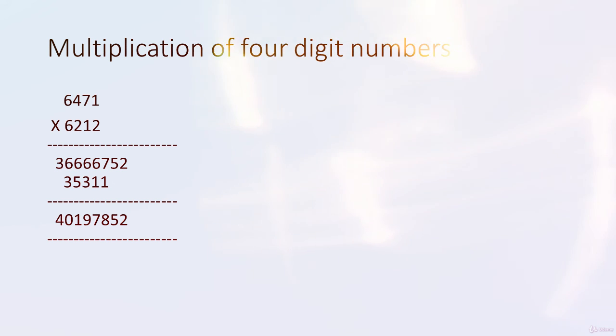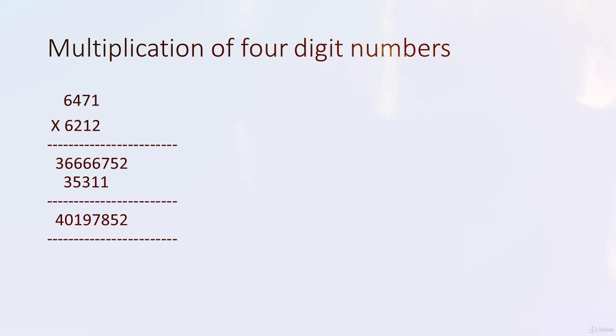Now we will calculate the next digit. The next digit will be again cross multiplication between first and third digits and vertical multiplication of the middle digit. 6 multiplied by 1, 6 multiplied by 7, and 4 multiplied by 2. The answer will be 56.